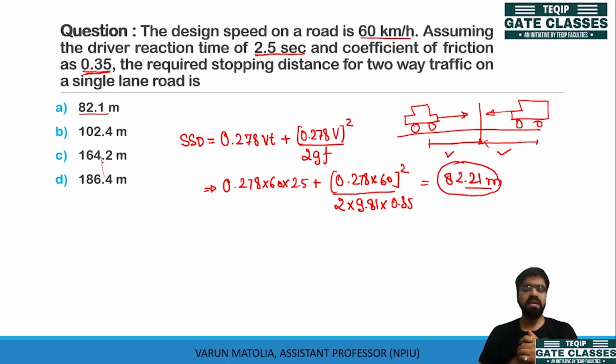But no, we need to put the value of SSD as twice of this value. So let us multiply this by 2 and write the nearest value of our answer as 164.2. Why? Because for two-way traffic on a single lane, we require SSD equal to twice the SSD. I expect you will not make such kind of mistakes in your examination. So remember this thing.